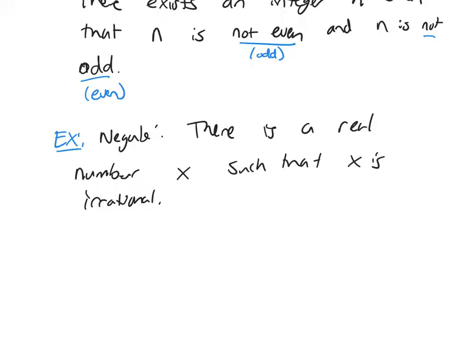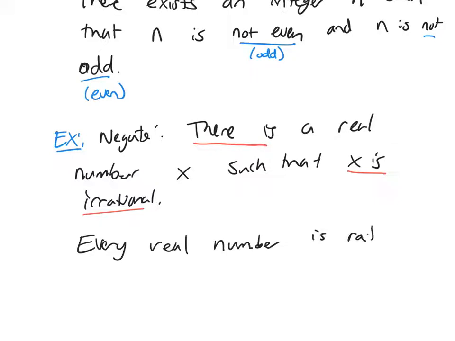Well, this has the existential quantifier, so switch it to the universal. So it would say every real number, and then we've got to negate x is irrational. Every real number is rational.